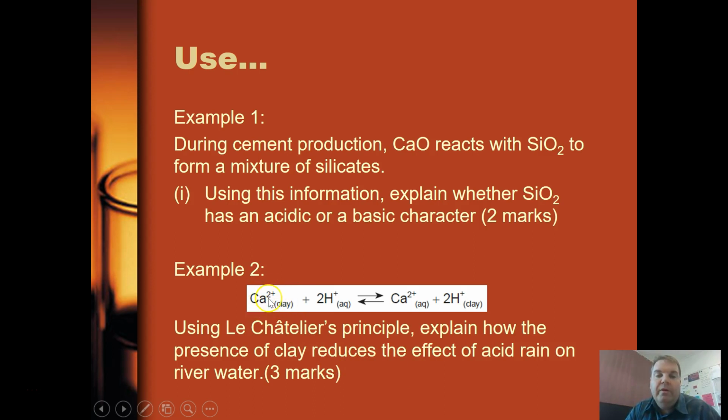When there's acid rain, the clay can absorb the hydrogen ions from the water onto the clay. So as the concentration of H plus from acid rain increases, equilibrium shifts to the right to counteract that increase, and so the concentration of the H plus is going to decrease again, and the H plus ions are going to be bound to the surface of the clay. So you could talk about how the clay particles therefore reduce the amount of H plus that comes from acid rain.